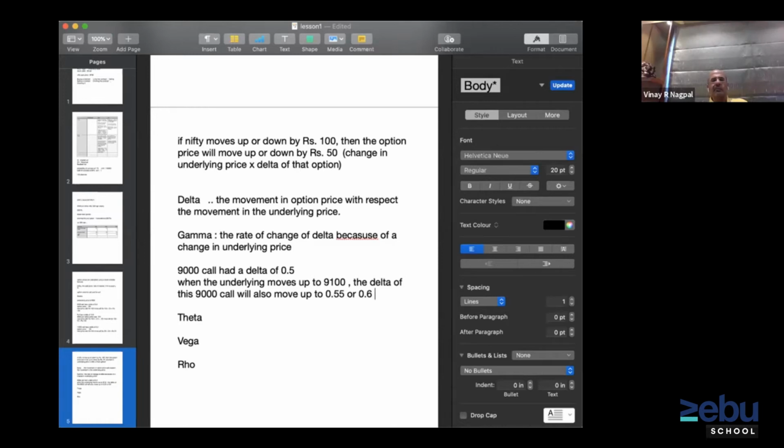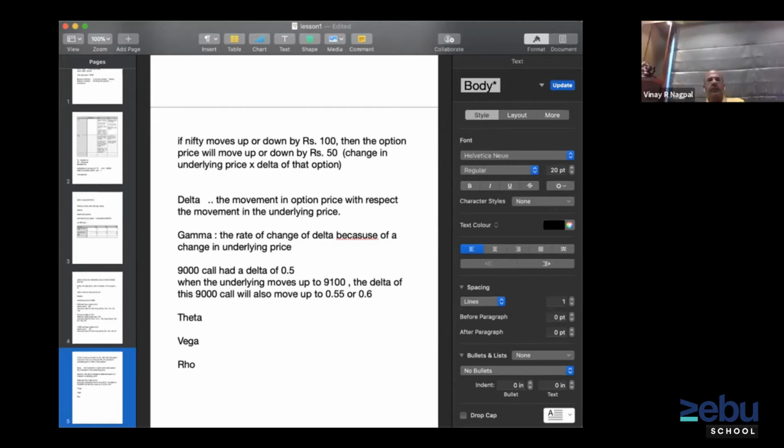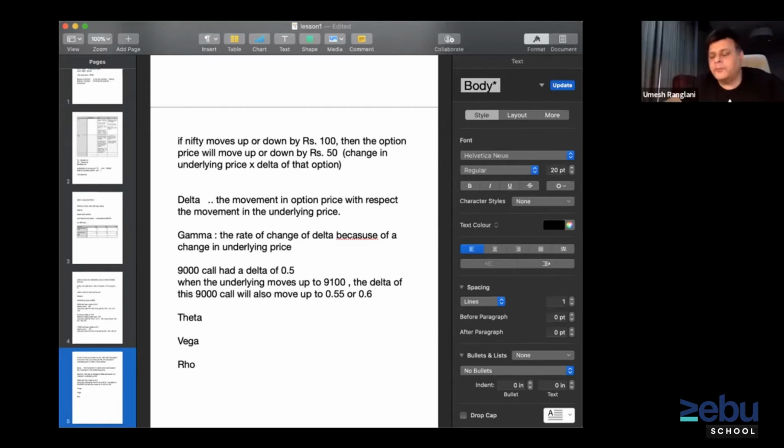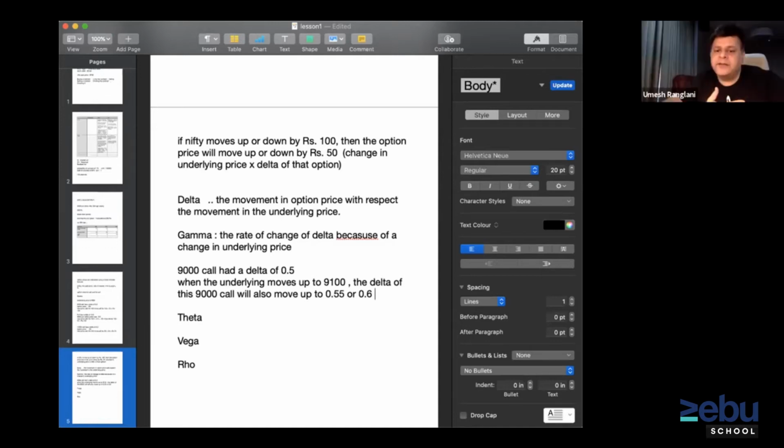So basically, for an ATM call, the delta is 0.5. Let's just take that at face value. For the ATM call and put, the delta is 0.5 and minus 0.5 respectively. As the market goes up, the chances of the call expiring in the money get higher, correct?